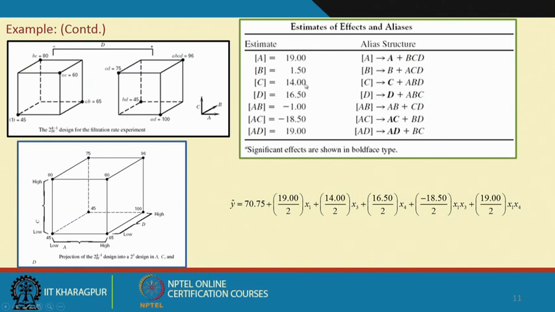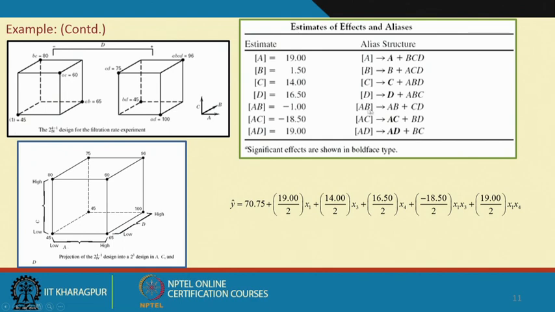Here A, C, D, AC and AD are large, so significant compared to B and AB, which are really low. As B value is low, we can assume that it is not significant, and AB value is also very low, so this is also not significant.